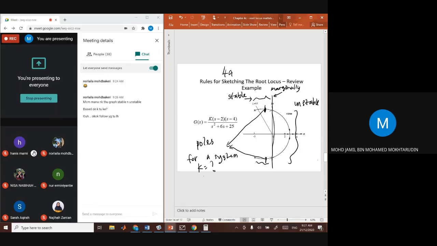In lecture 4A we drew lines and then found the angles. If the angle is 180 degrees, meaning that this point here is on the root locus.